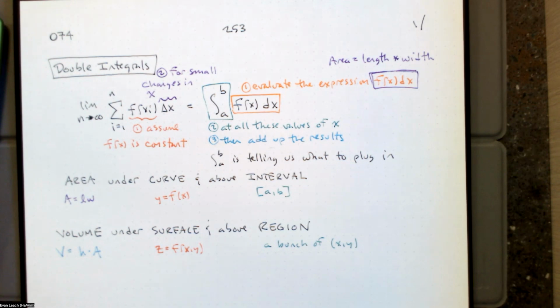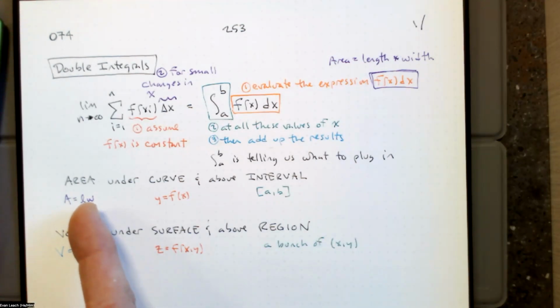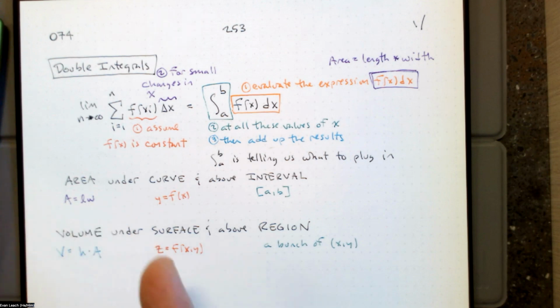Normally we would write area times height, but we're going to be thinking about it as height times area because the height is going to be the function, just like the length was the function, and our width in the area was our delta variable. Our area is going to be the delta variable.